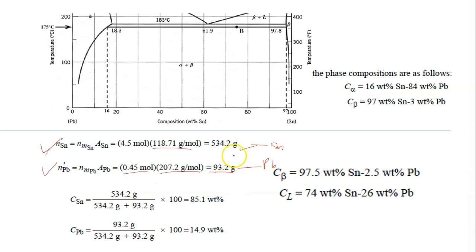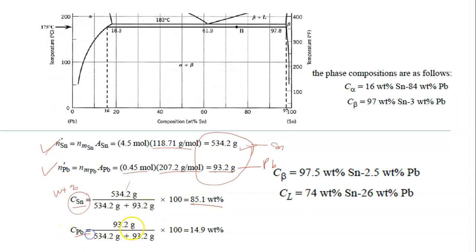Now that you have all this mass, you can calculate the composition in weight percent. For the tin, it's just this amount, 534.2, divided by the total amount of the alloy, 534.2 plus 93.2 grams, times 100. You get 85.1 weight percent.